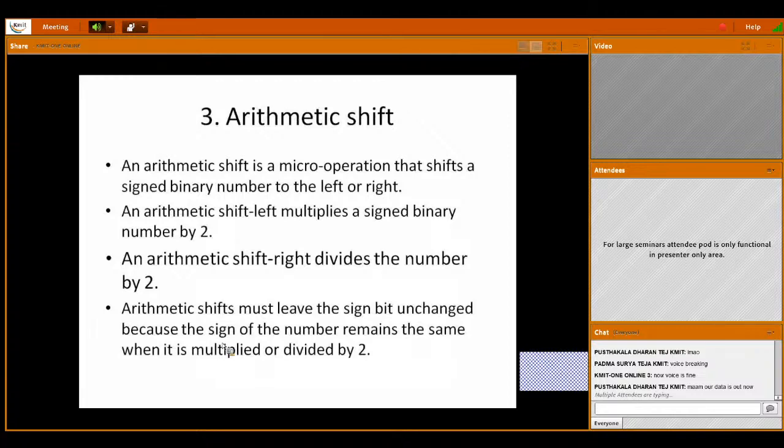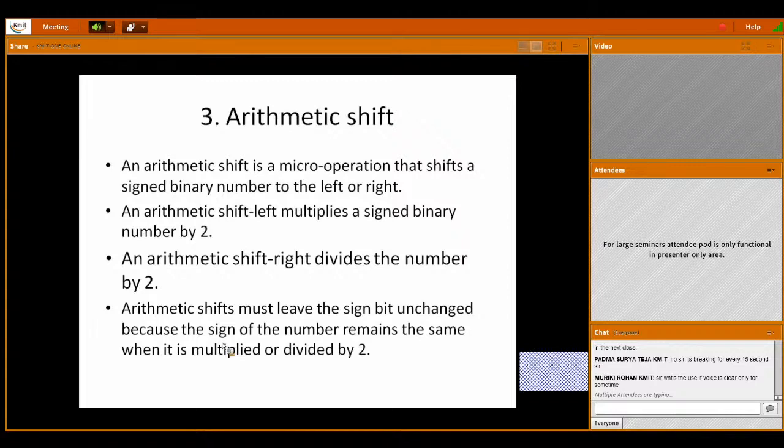And the last one is arithmetic shift. In case of arithmetic shift, the shift micro operation is on a signed binary number. Arithmetic shift is used to perform a shift operation on a signed binary number. What is a signed binary number?